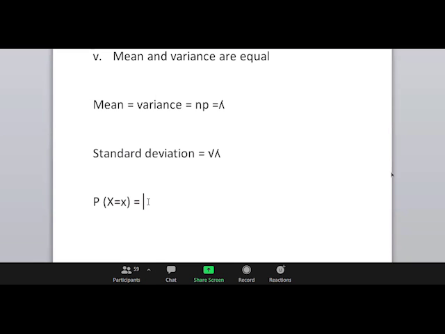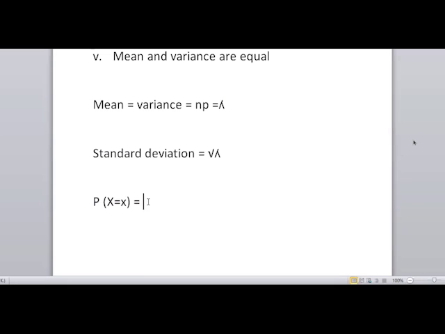So let's look at the formula for calculating probability when you are using the Poisson distribution.